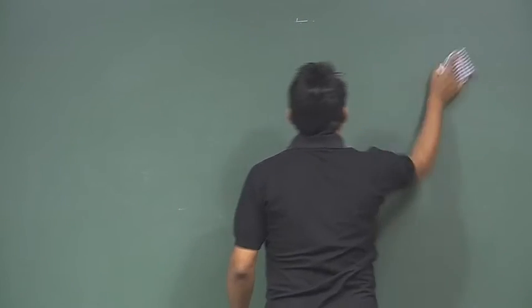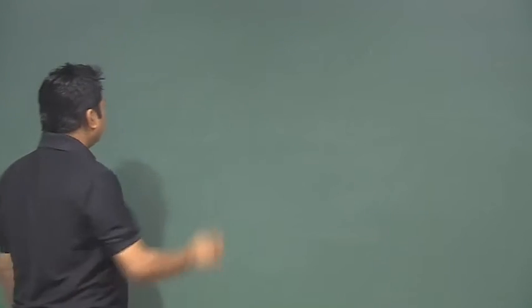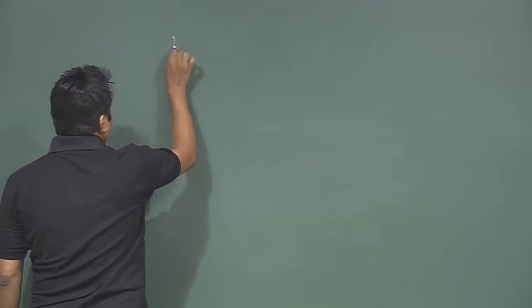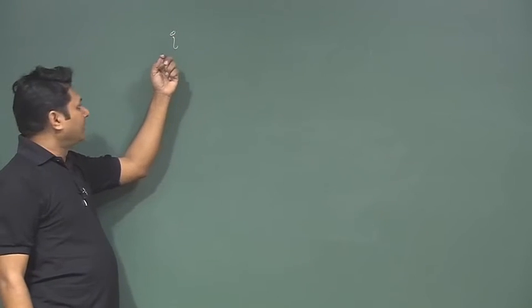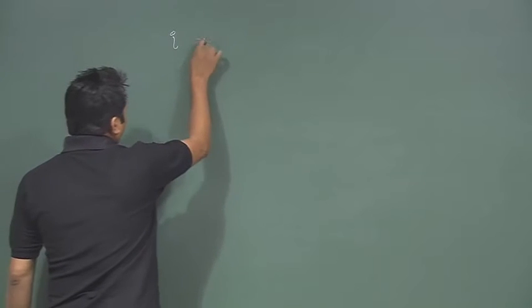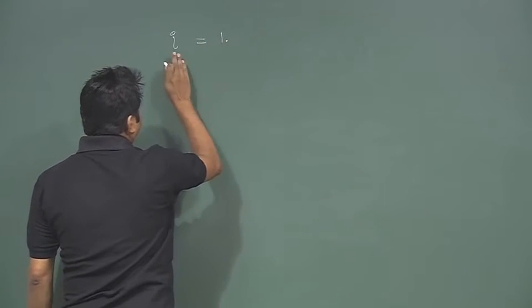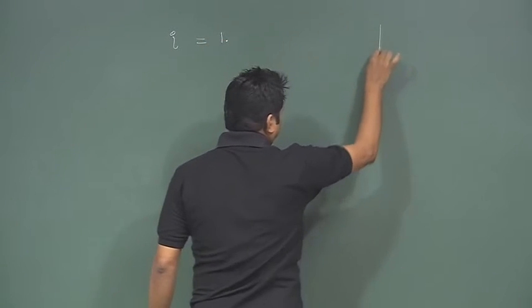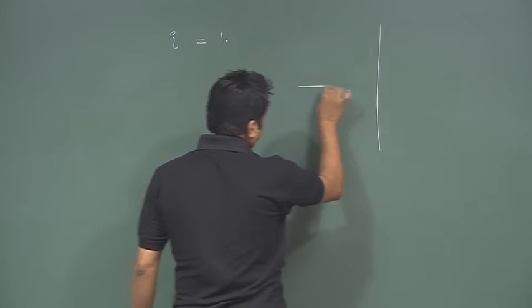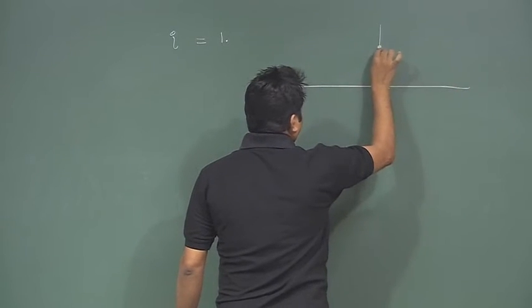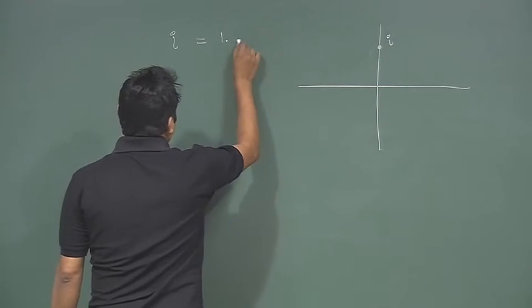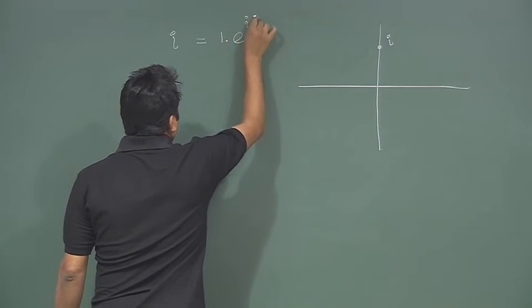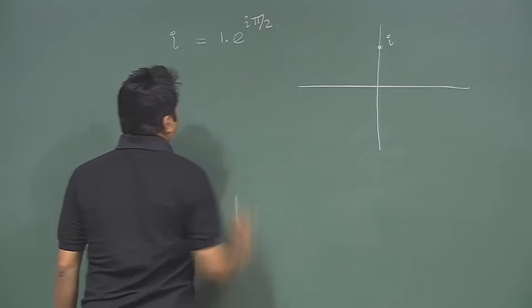We will come to this point once again, but before that, let me write the point i. How to write i in terms of r, theta form? Obviously the magnitude is 1. Where is i located? i is located here, so it will be e to the power i pi by 2.